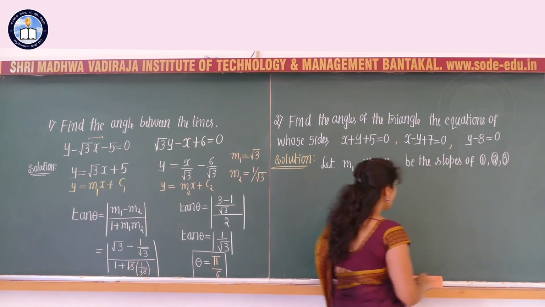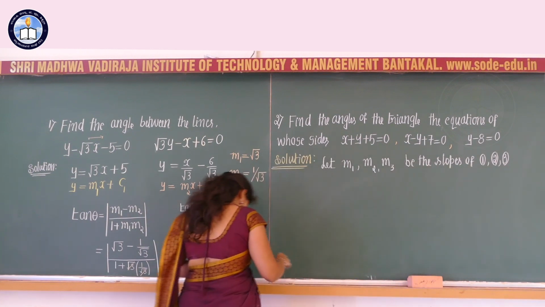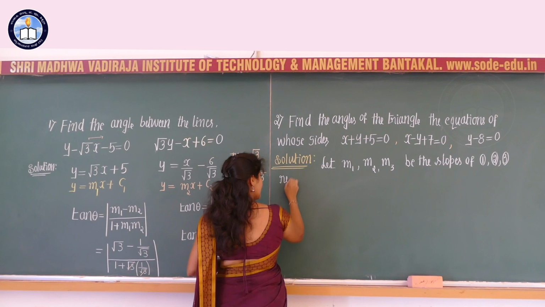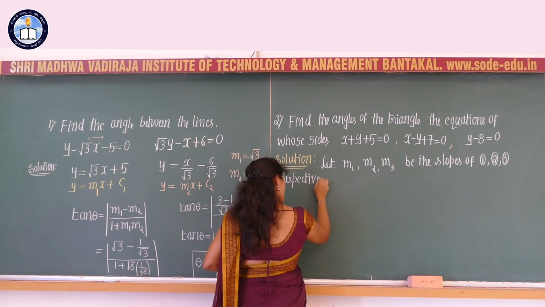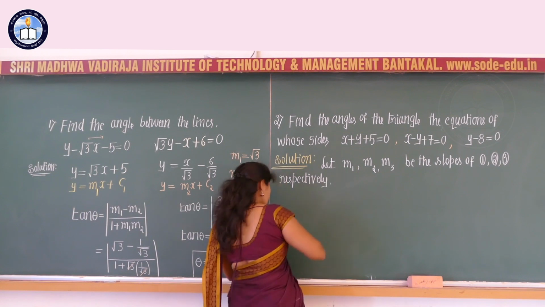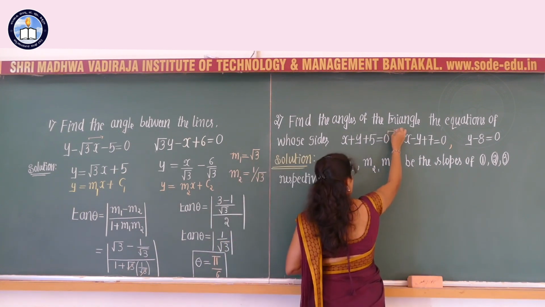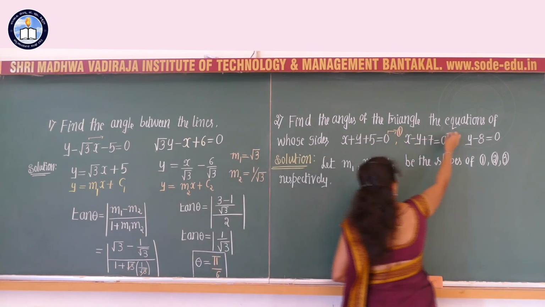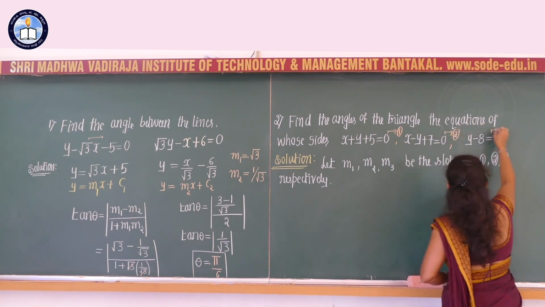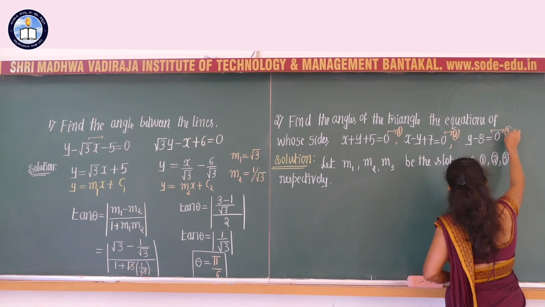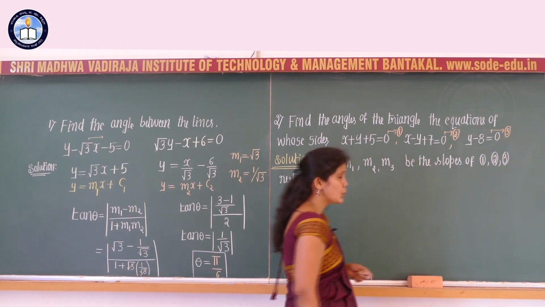And what are equation 1, 2 and 3? Equation 1, I will consider as the equation of the first side, this one as equation 2, and the third one as equation 3. Clear? Equation 1, 2 and 3.